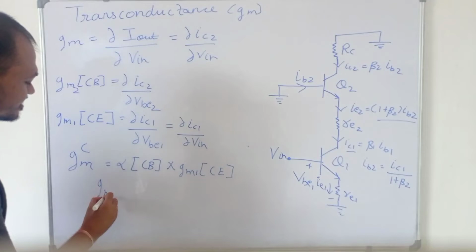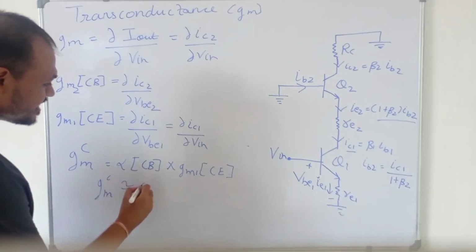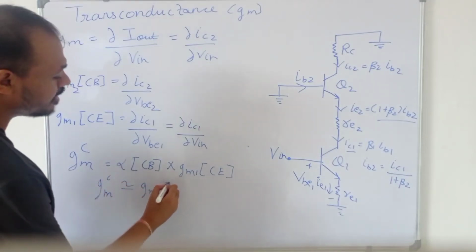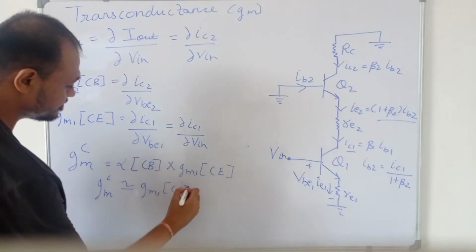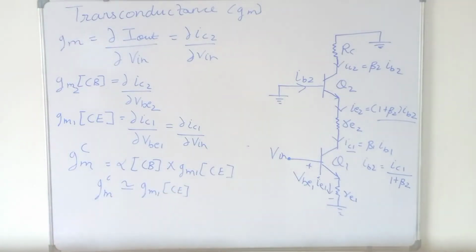So we can write that Gmc is approximately equal to Gm1 of common emitter stage. So if the current gain of common base stage, that is alpha, is equal to 1, then the transconductance of cascode amplifier is approximately equal to the transconductance of common emitter stage. So this we have proved here.